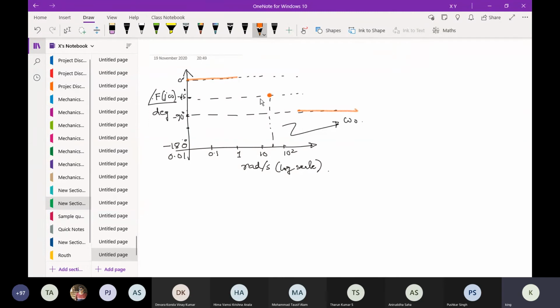Unlike the magnitude part, we have a problem out here in that these are parallel lines, they don't intersect.